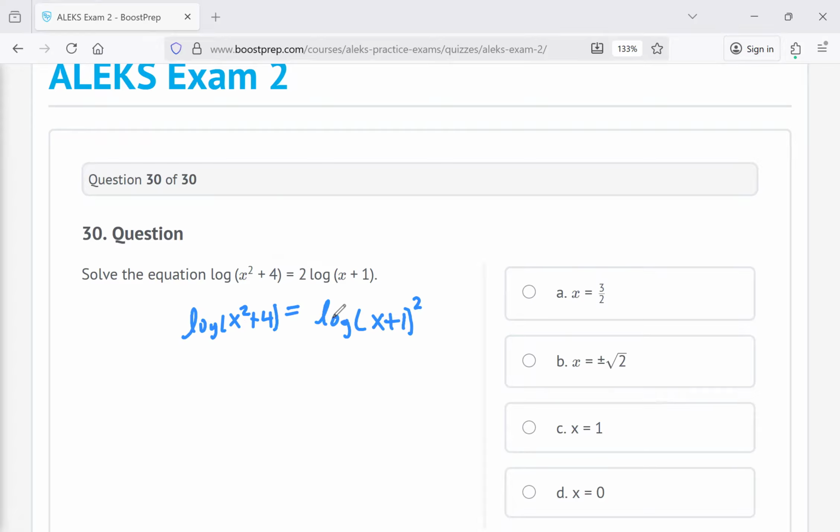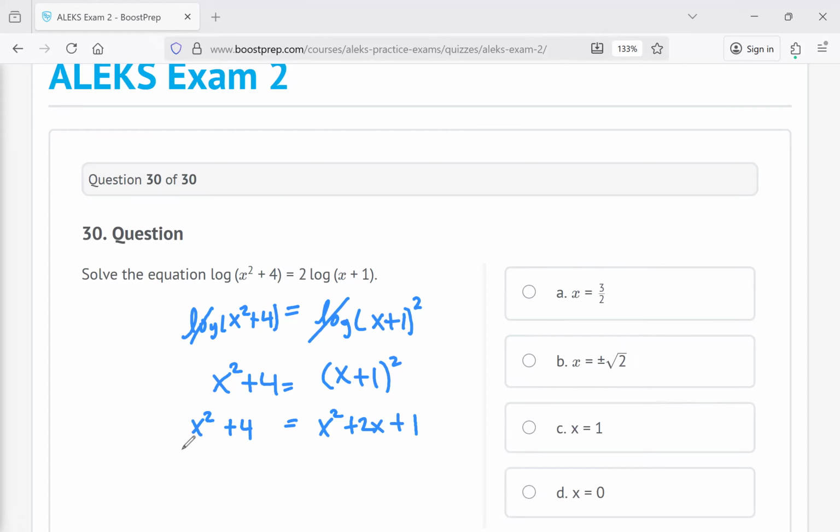Okay, and then what you could do is see how they both have logs. That's good. Ignore it and then bring that down. Okay, and then x plus 1 squared, when you FOIL that out, that's x squared plus 2x plus 1. Here you have x squared plus 4.